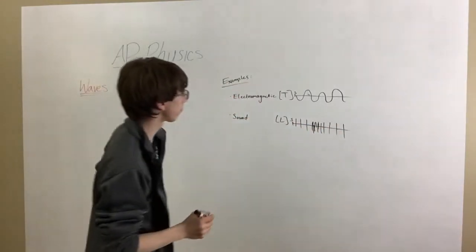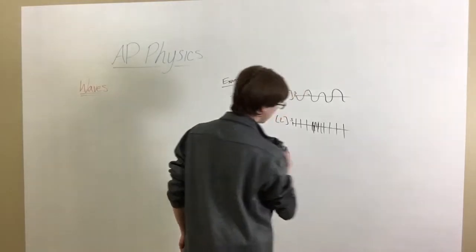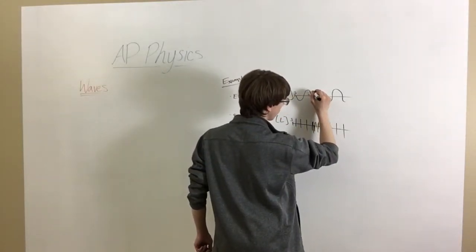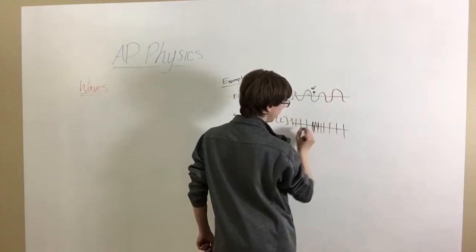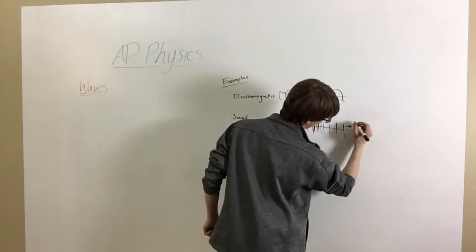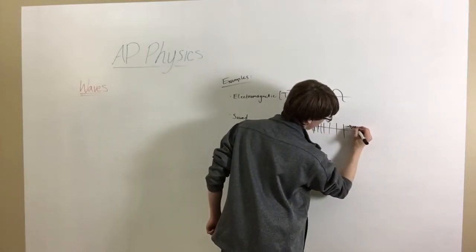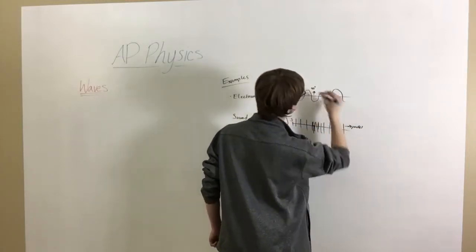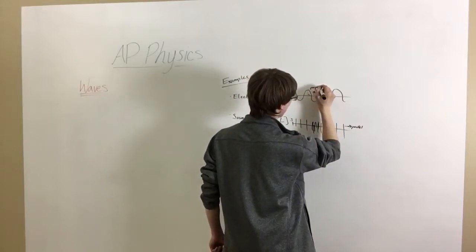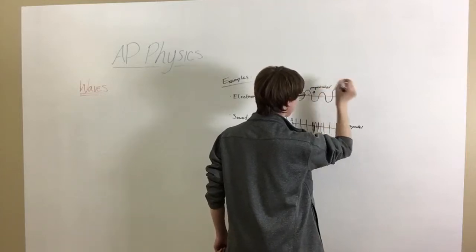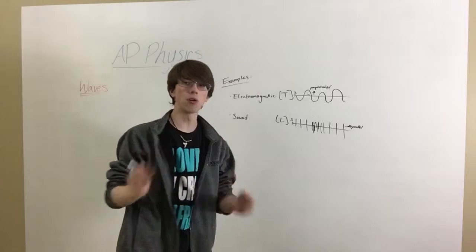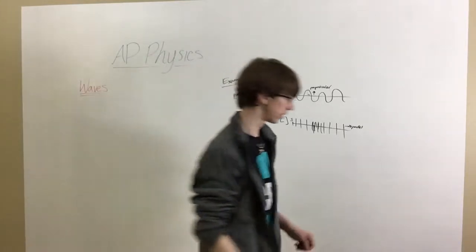So like this. These waves travel at a 90-degree angle from the propagation, and these waves travel in the same direction. They travel parallel. And these are perpendicular. Alright? So those are your two types of waves.